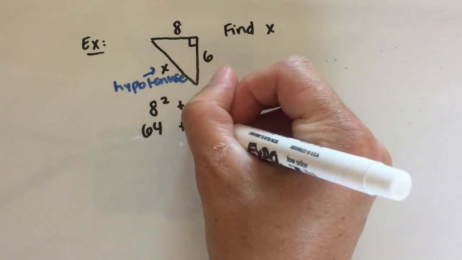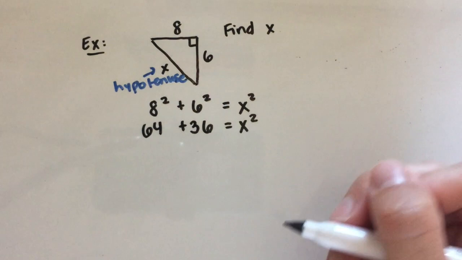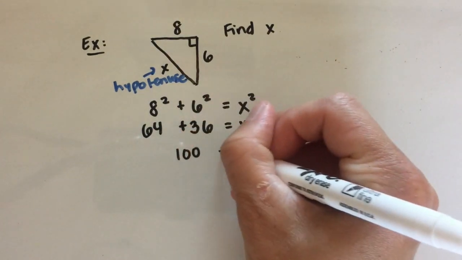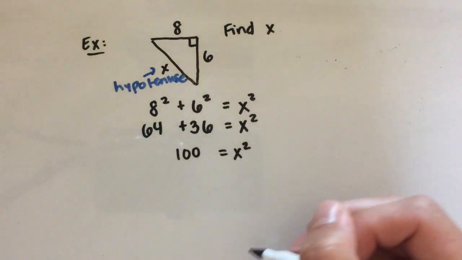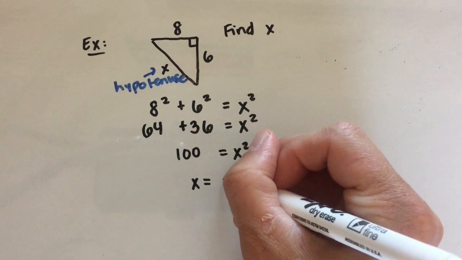So that is 64 plus 36 equals x squared. Adding the two numbers together, we get 100 equals x squared. And finally, taking the square root, we get x equals 10.